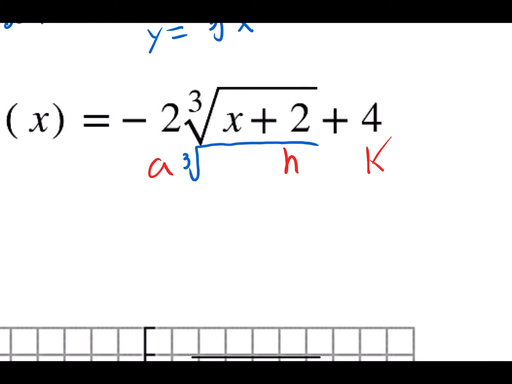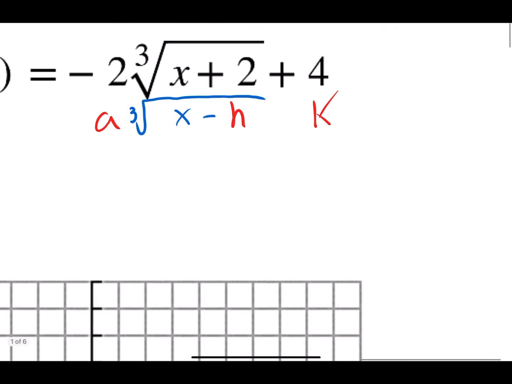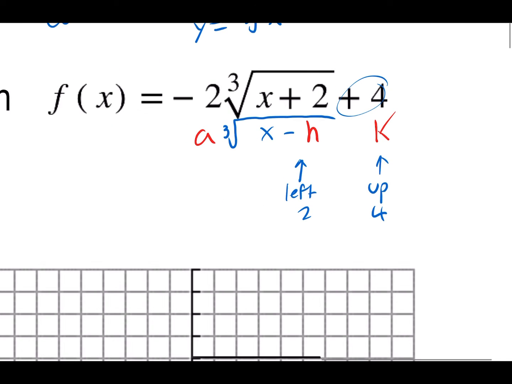So we take the cube root function, and we're going to move it plus 2. So really we went left 2. Plus 4 on the outside is obvious, up 4. And our a value in front, multiplied out front, is a vertical stretch.